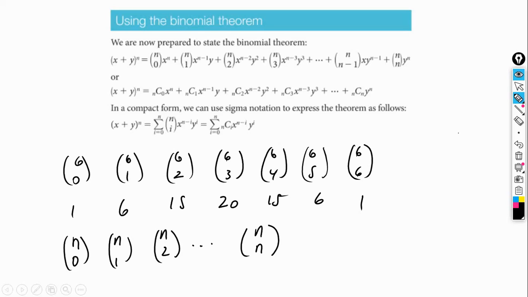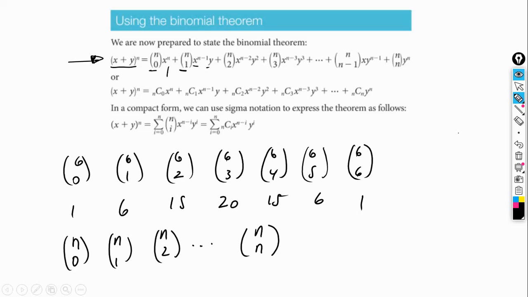This is precisely the binomial theorem. So if you have a binomial to the power of n, then this is going to be equal to the following. Notice that first we have the first coefficient, and then x to the power of n. The second coefficient, x to the power of n minus 1, and then we have y appearing for the first time, so y to the 1.